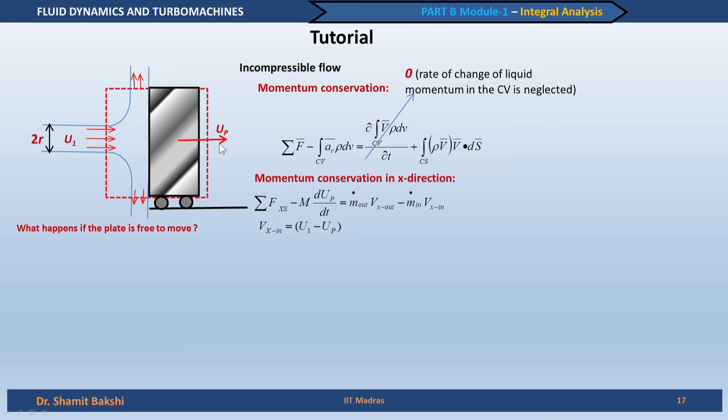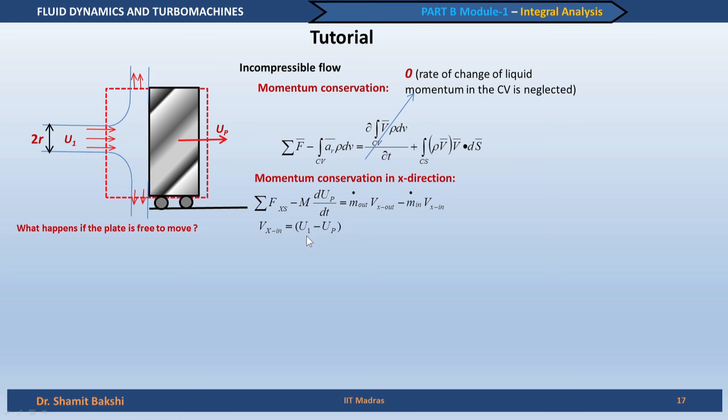So, if we have to write the velocity Vx in, that means the inlet velocity in x direction, we have to write it in terms of the control volume fixed coordinate system. U1 is basically with respect to the ground fixed coordinate system. So, Vx in will be U1 minus Up.